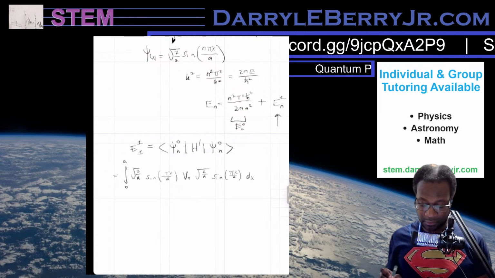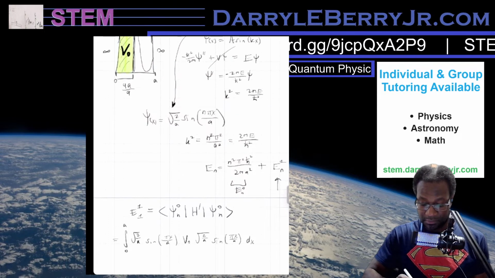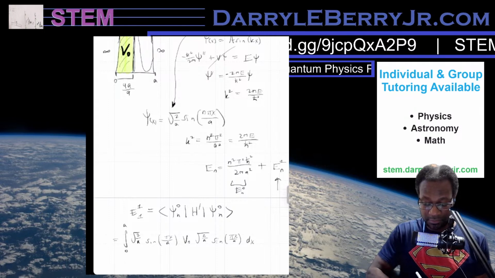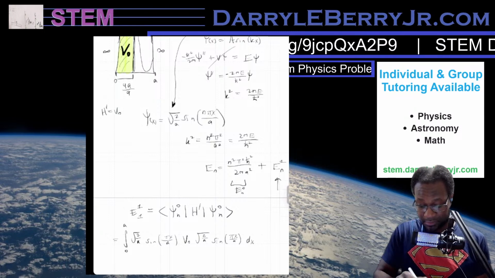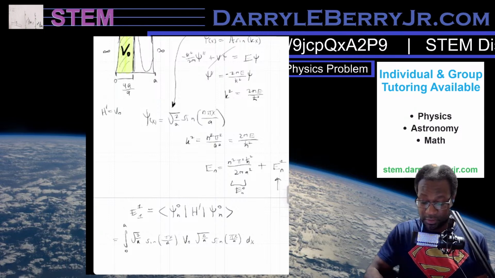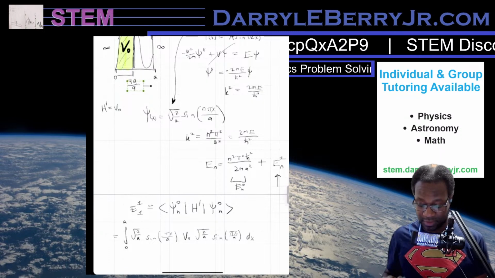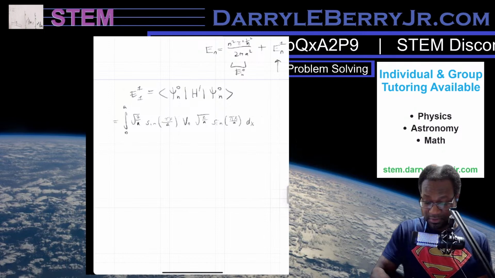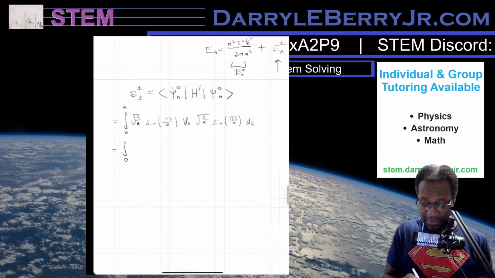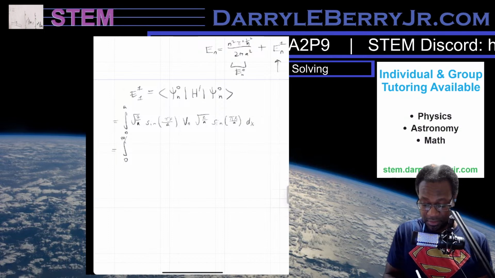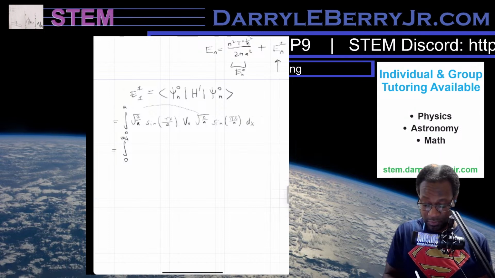And we're going to integrate this over the entire well. But the thing is, V naught, which is H prime, is only between 0 and 4a over 9. So that means that since I'm integrating the expectation value of that perturbation, I need to end my boundary there.